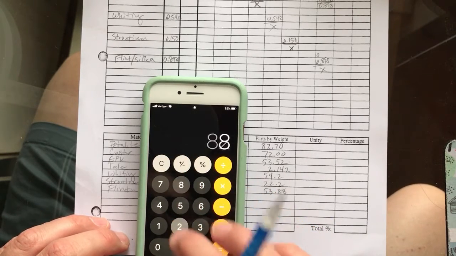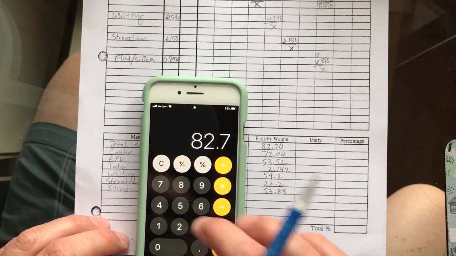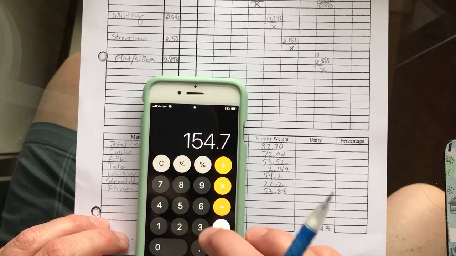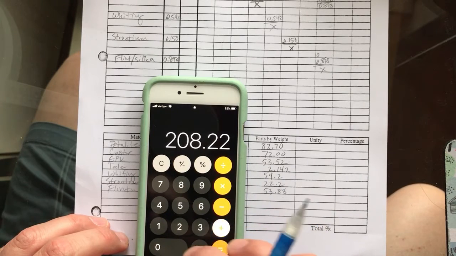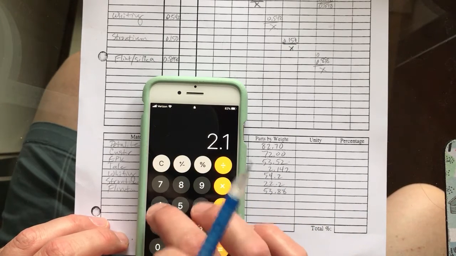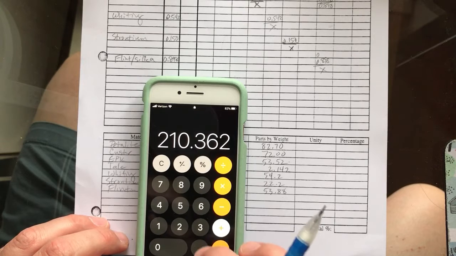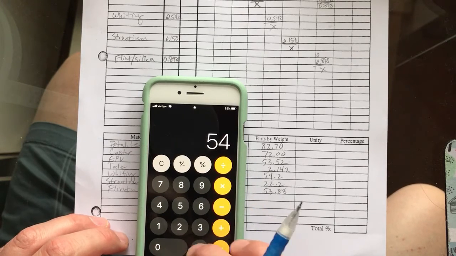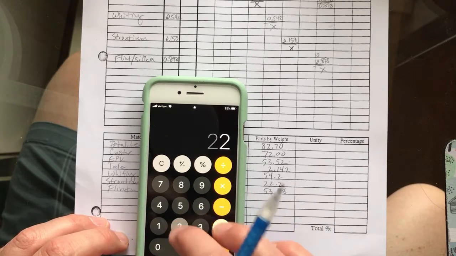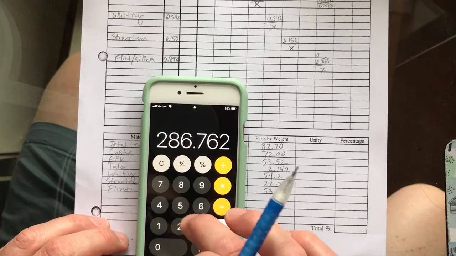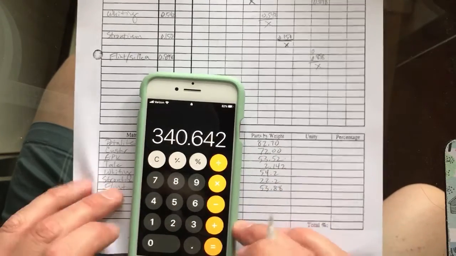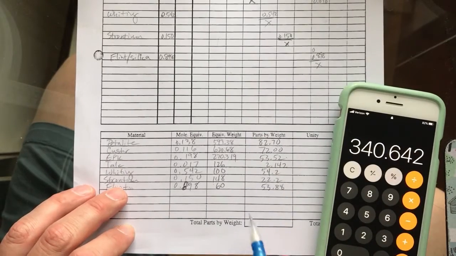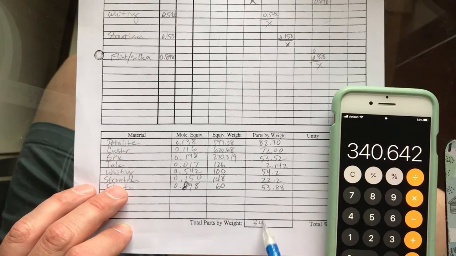Okay, 82.7 plus 72 plus 53.52 plus 2.142 plus 54.2 plus 22.2 plus 53.88 equals, in this column, total parts by weight, 340.642.